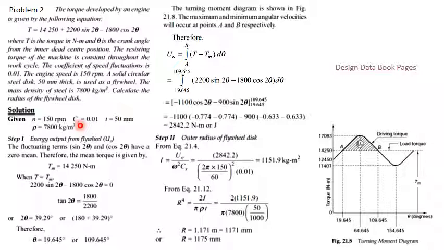Now let's move to problem number 2. The equation consists of fluctuating terms sin 2 theta and cos 2 theta.